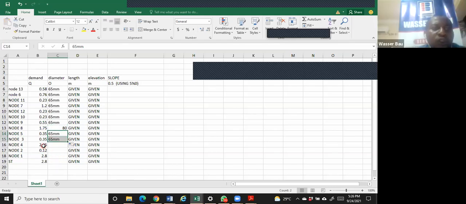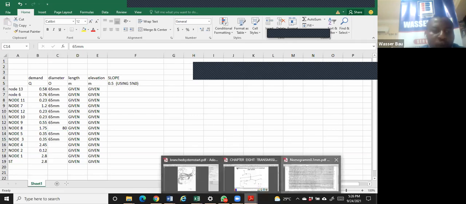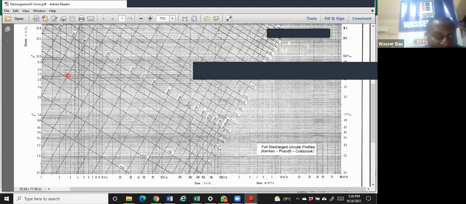Then the next, 2.45. I'll go to 2.45, which is almost like 2.5, against 5 per mil. It is at exactly 80. So that one too, I will use 80.